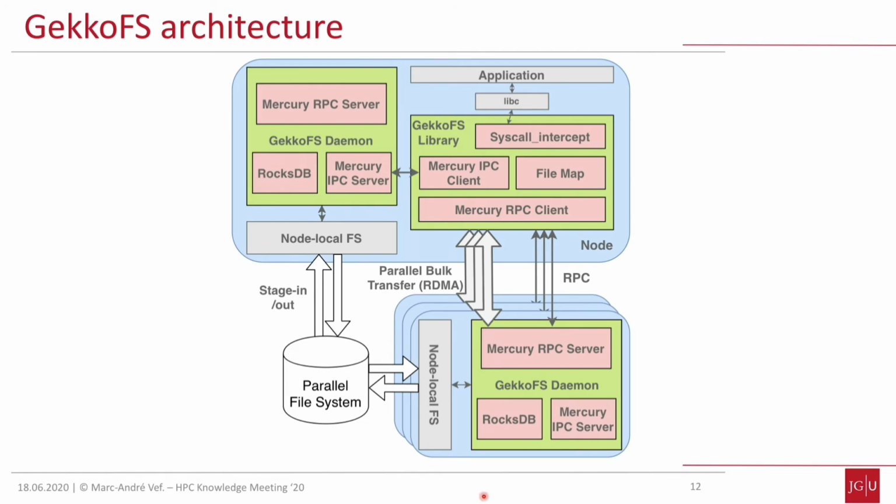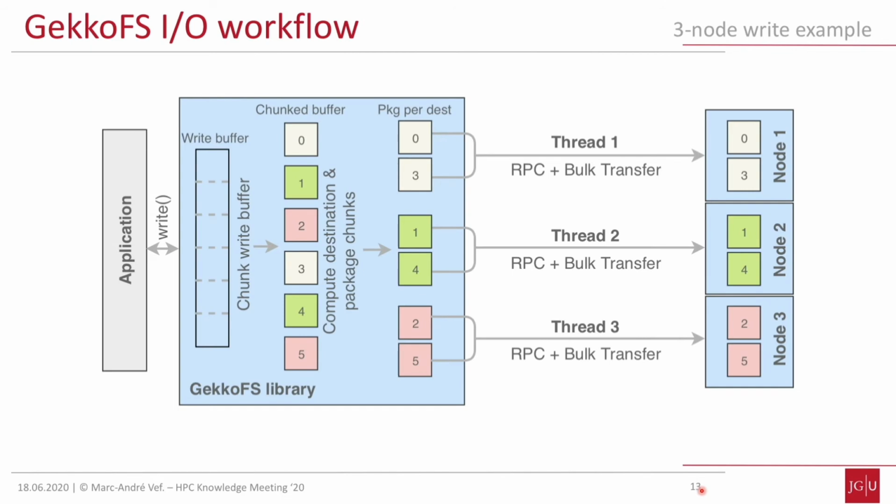So with regards to how data is handled in GekkoFS, I have a 3-node write example here. On the right side, these nodes here are the GekkoFS daemons on another node, for example, and here on the left side you have the GekkoFS library. So in this case, the application is issuing a write system call, and then the library will chunk up that write buffer into equally sized chunks, which are configurable in the file system, and then computes the destination for each chunk independently.